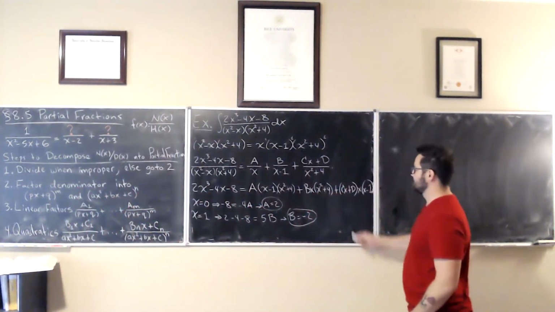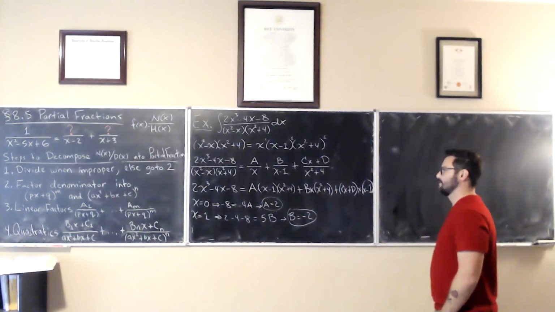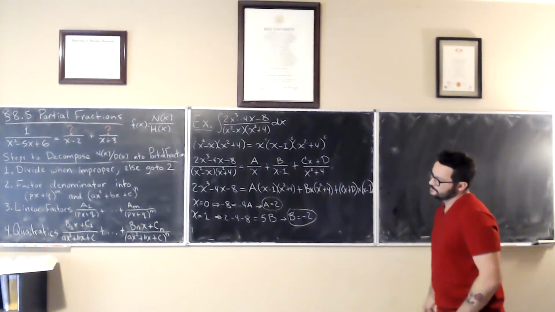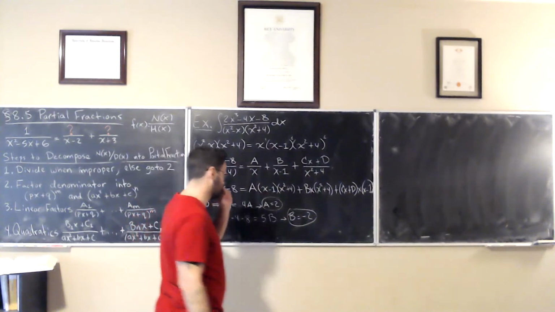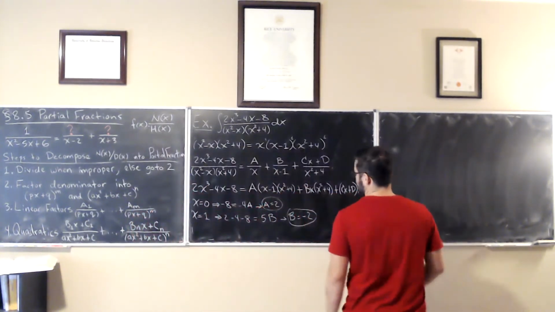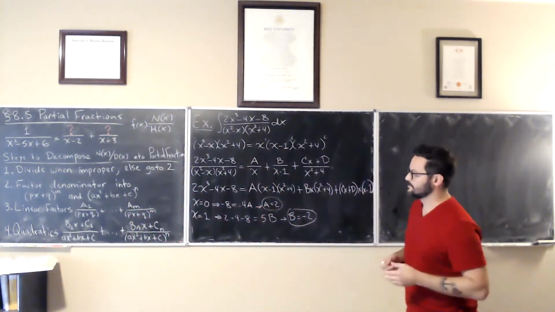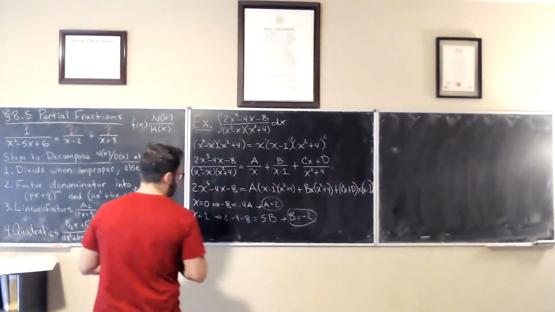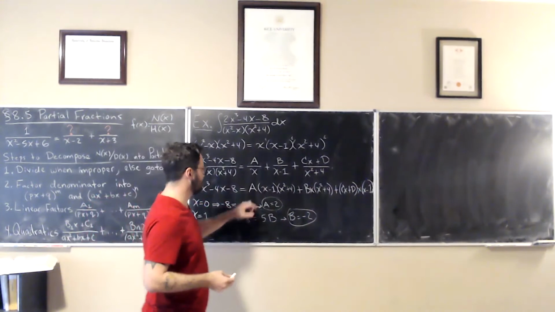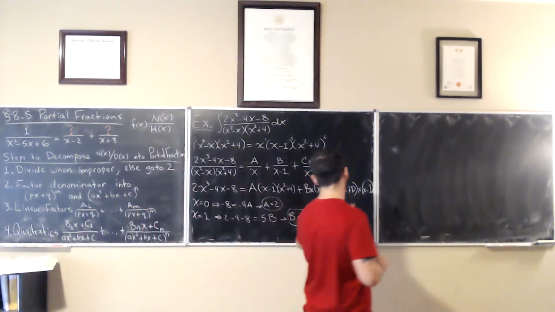We just need to find out what c and d are. Well, we can do this by solving a system of equations. There are 2 unknowns, okay? So we can make 2 different equations by picking 2 different values for x and then solving. Because we know a and we know b, we just need to know c and d.